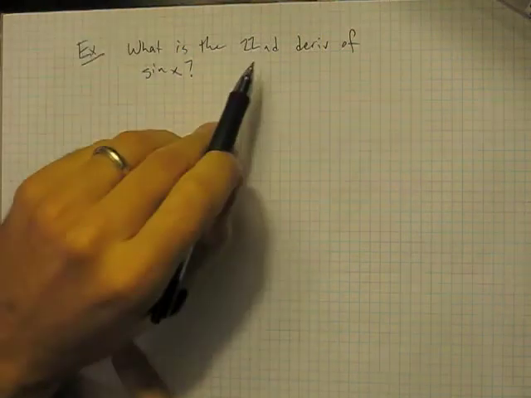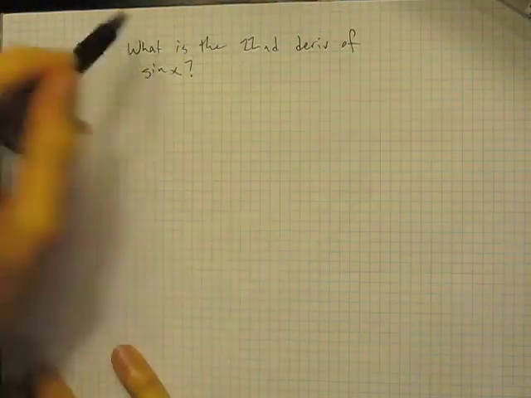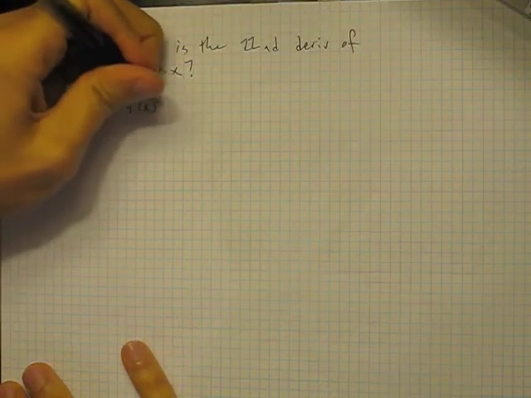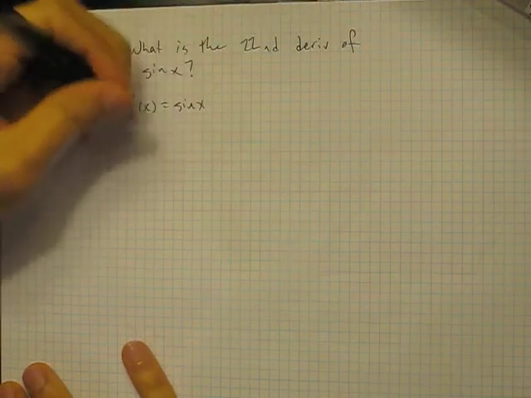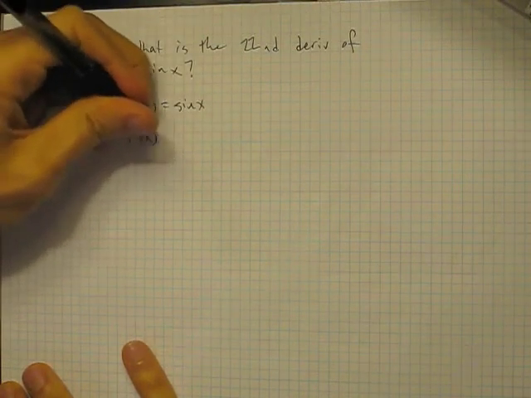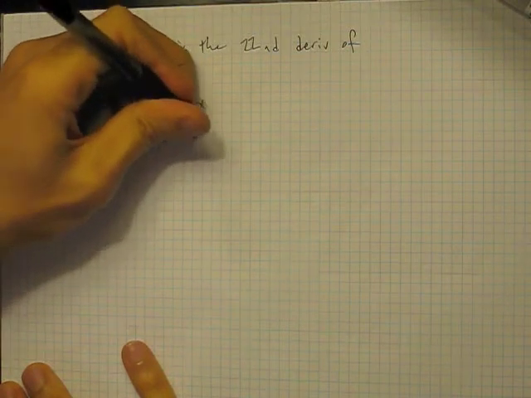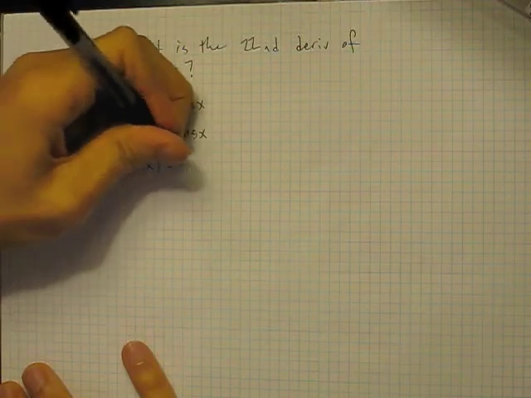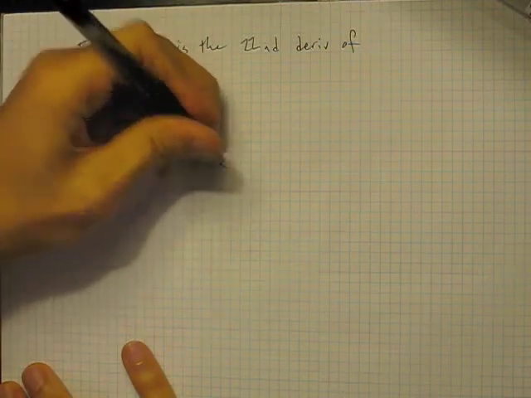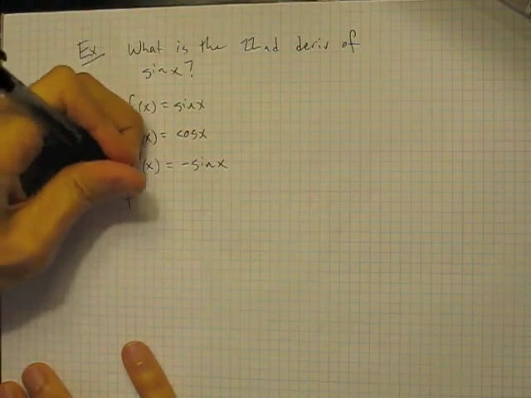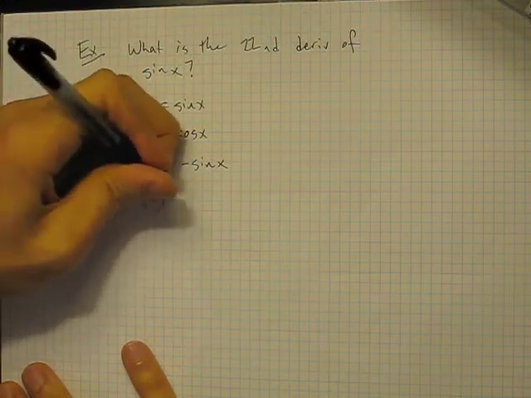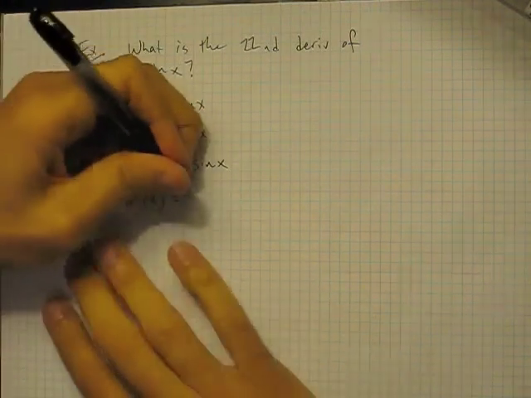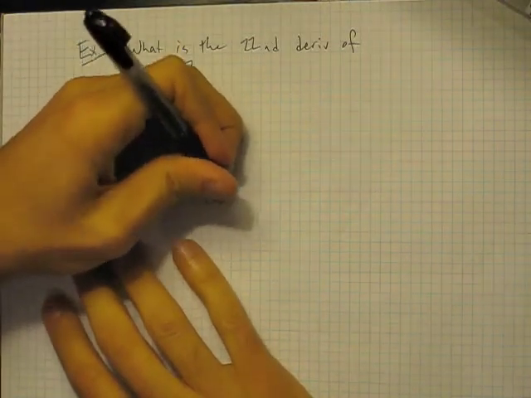All right, well, we want to take 22 derivatives of this, but that seems a little laborious. If our function f is sine, then we know its derivative: f prime is cosine. And the derivative of cosine is minus sine. Then the third derivative will be minus times the derivative of sine, so that will be minus cosine of x.